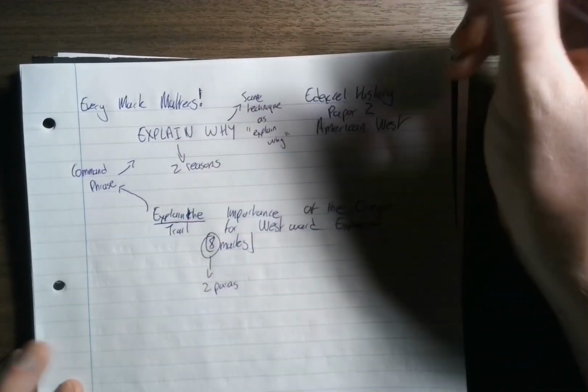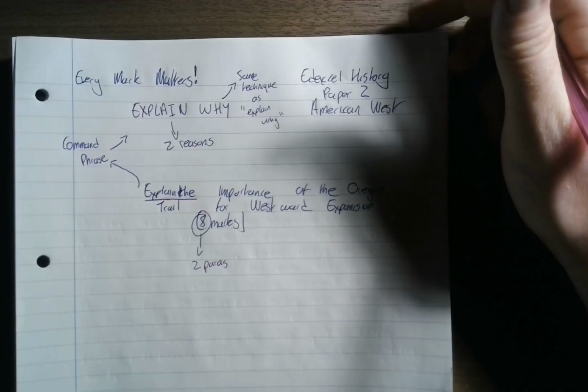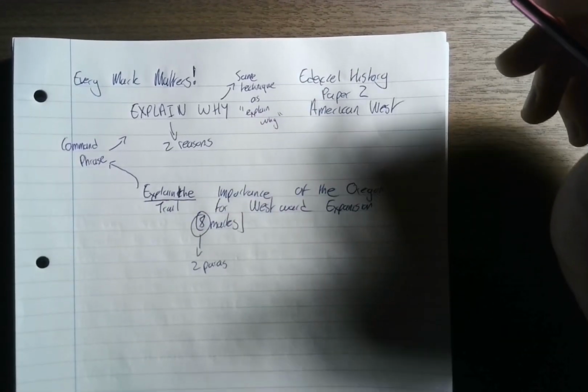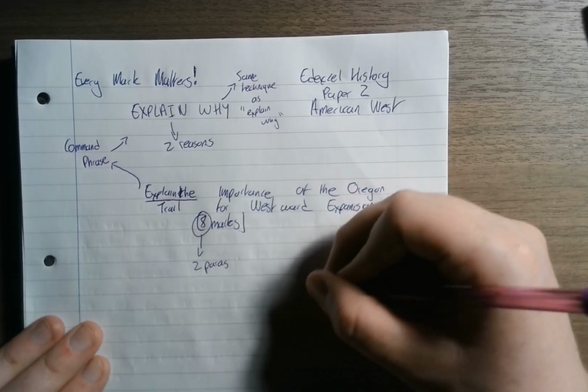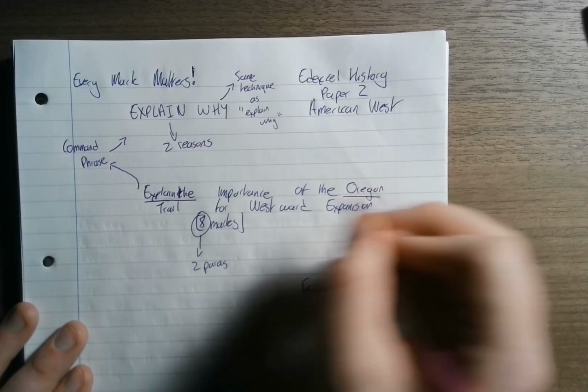That means when you do an explain why for medicine, the Normans, or the USA, it's the exact same technique as an explain why. Our focus of the question is the Oregon Trail.